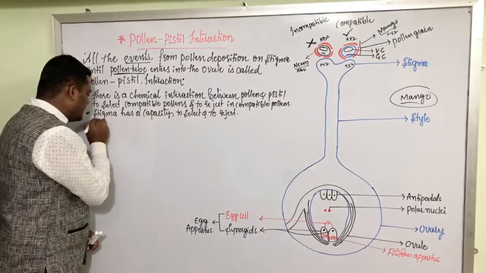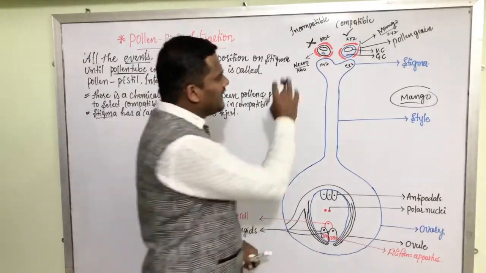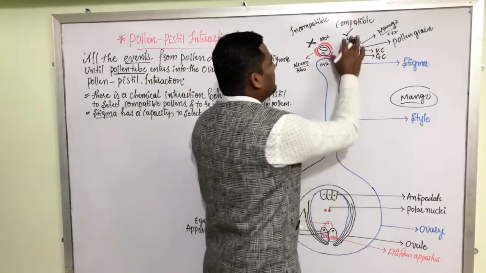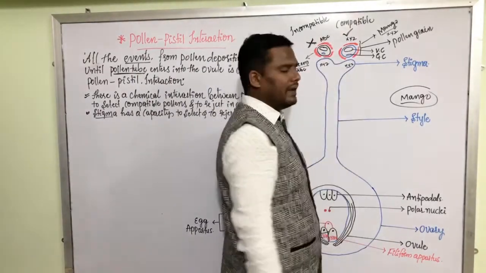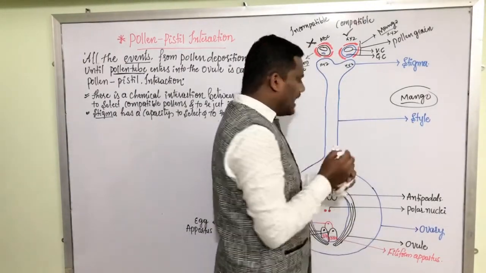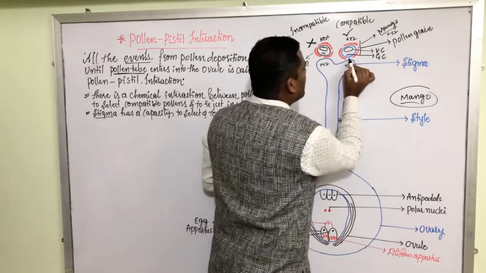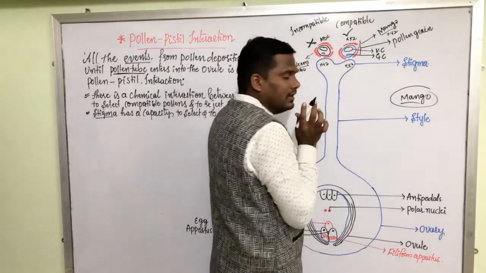Who has the capacity? The stigma has a capacity, and that capacity is due to the chemical matching. Here there is a compatibility and here there is an incompatibility. Where there is a compatibility, the stigma starts secreting.